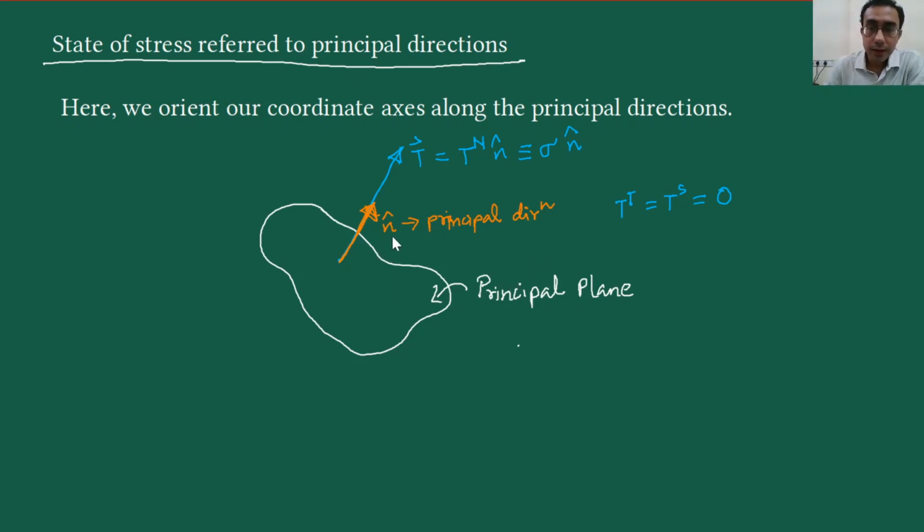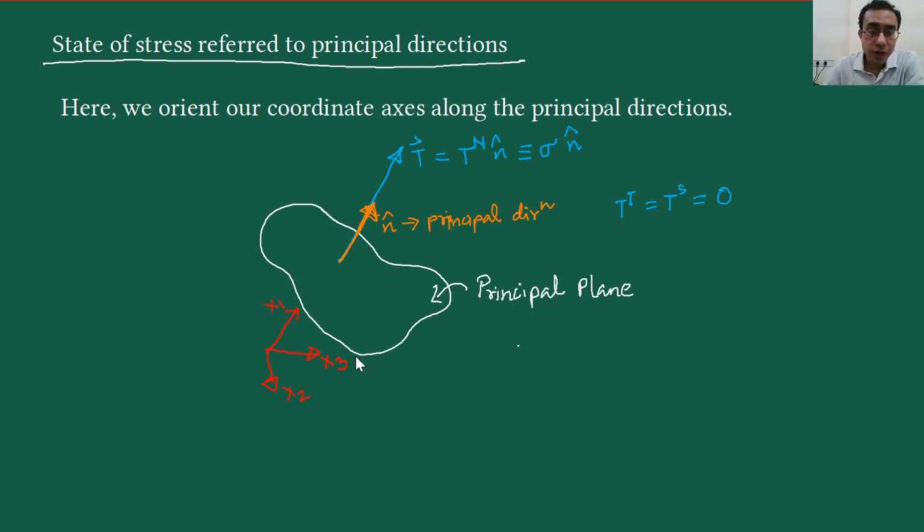Now what we are doing is orienting our coordinate axes like this. Maybe our x1 is along like this, x2 is like this, x3 is like this.